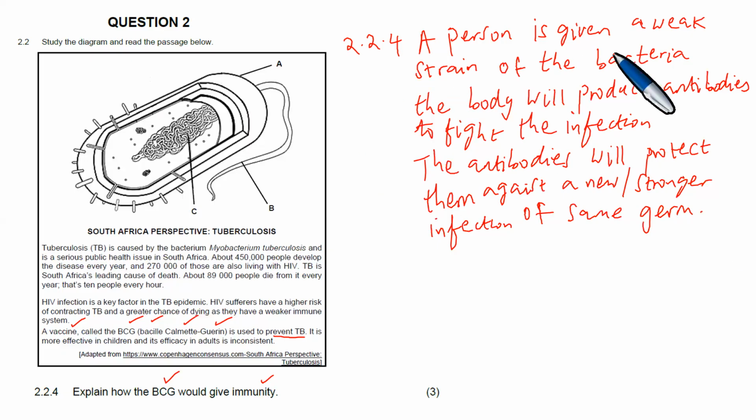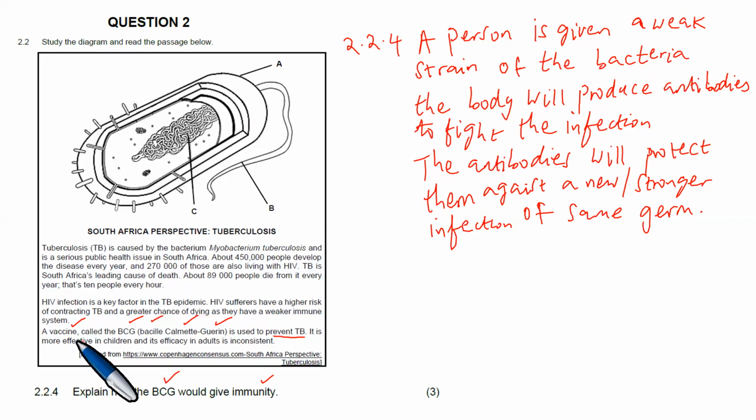So a person is given a weak strain of the bacteria, because now we explain how this one would give immunity. This vaccine is given to people. Normally when the vaccine is given, a person is given a weak strain of the bacteria. A vaccine, like a vaccine of COVID-19, has the virus that causes COVID in it.